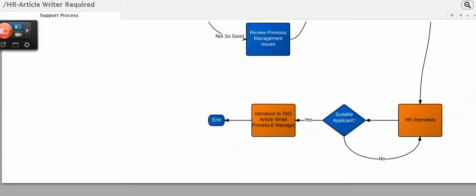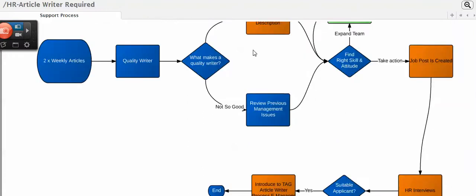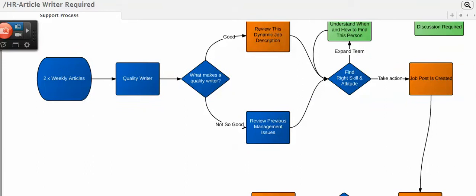I'll probably jump the gun a little bit here, sorry. I've more followed down into a recruiting type path where we're looking for the job, take action. Hang on a second, I'll just pause, get my head back around it. Okay, I'm jumping ahead a bit of myself there, sorry.